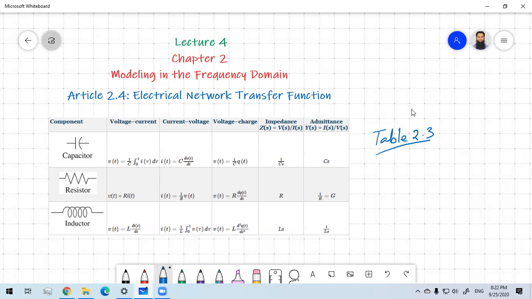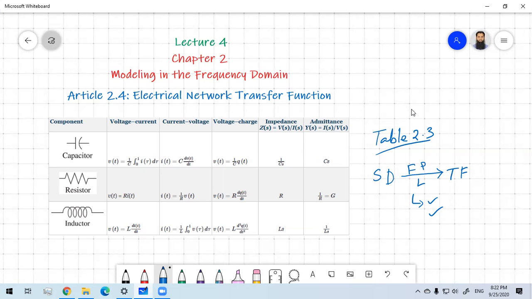If an electrical network is given as a schematic diagram, to obtain the transfer function we have to apply the fundamental physical laws, and for electrical networks those are Ohm's law and Kirchhoff's current and voltage laws.